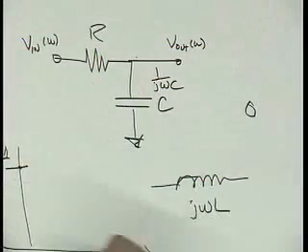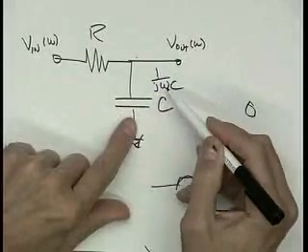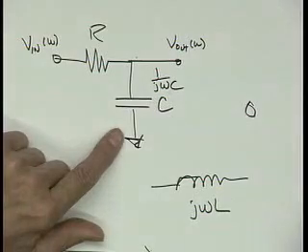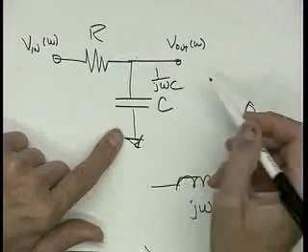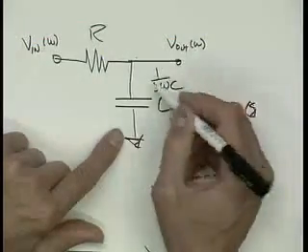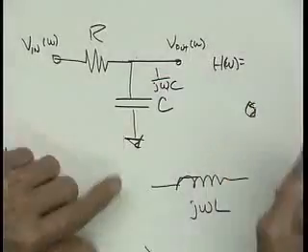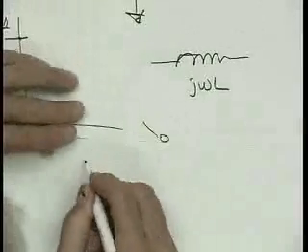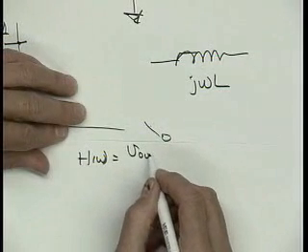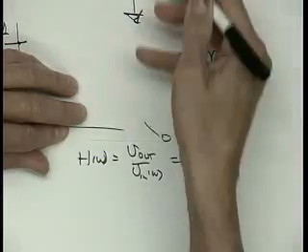Now the question: what happens in between? The way we can figure that out, we use this impedance calculation. And once we have impedance, we can use the good old KVL and KCL we always have worked with in the past. So what is this? Is this simply a voltage divider? Voltage divider between C, 1 over j omega C, and R. So H of omega, which is equal to V out over V in of omega, is simply just this voltage divider.